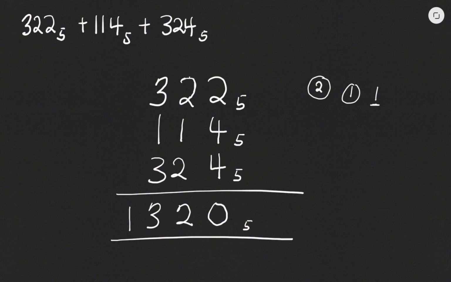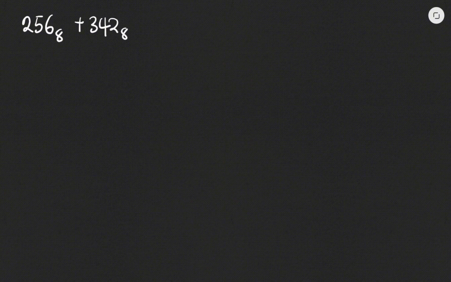So let's proceed to see another example. In this example, we have to find the sum of the following numbers, that is 256 base 8 and 342 base 8 and 421 base 8. Okay, so let's proceed to look at the solution to this problem.